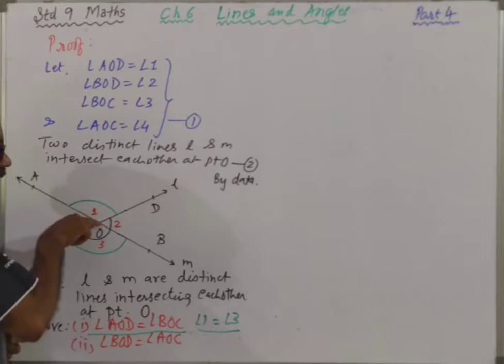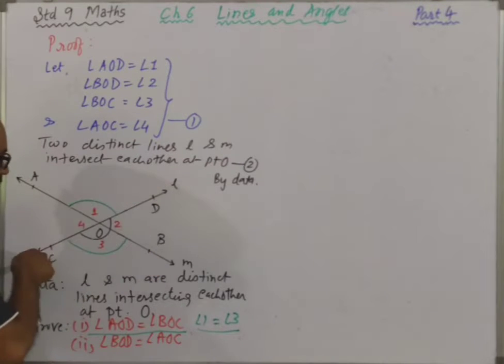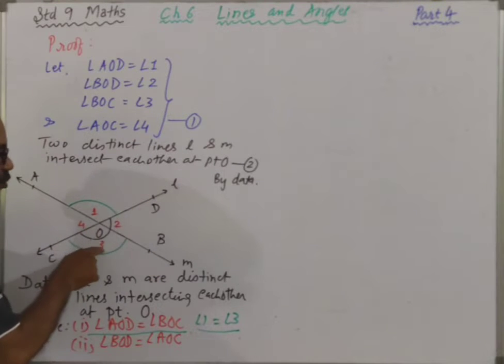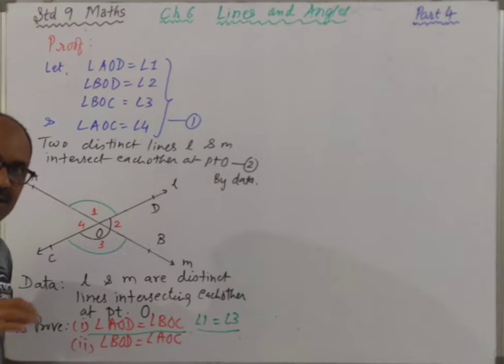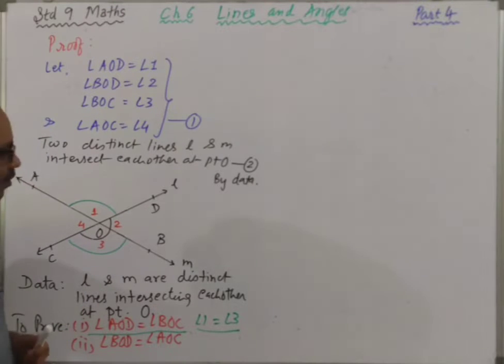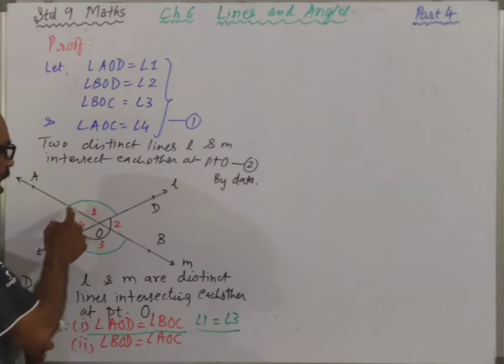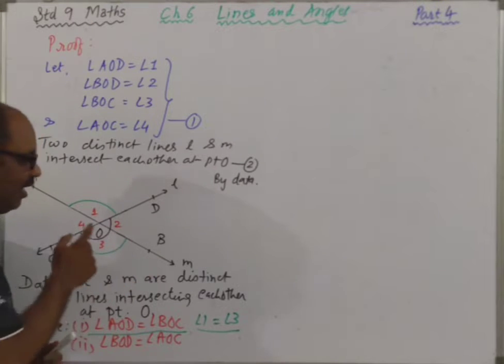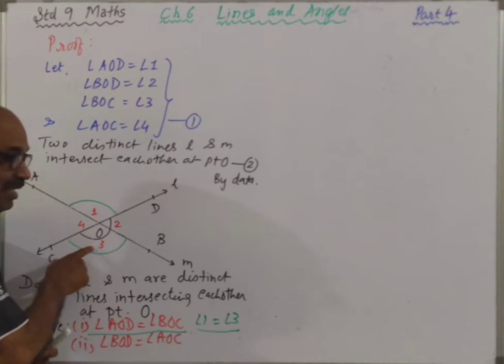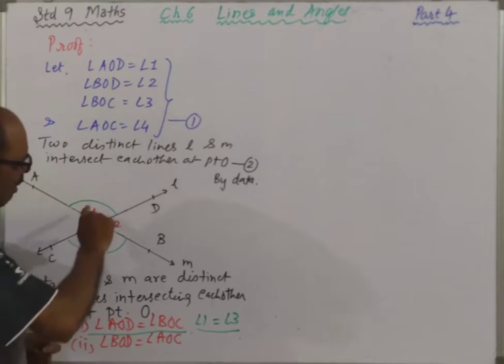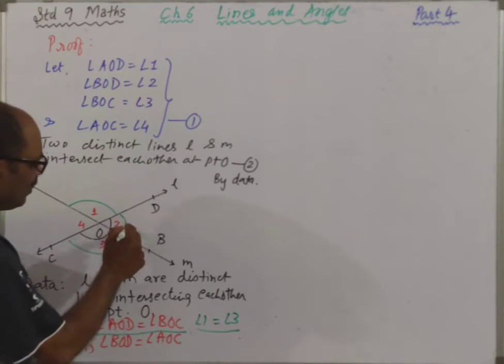Similarly, ray OB stands on line COD. So you can say angle 2 plus angle 3 is equal to 180 by Axiom 6.1. So we get something further. Alright, you can take this also. If you want to take 1, 4 and 3, you can, because 4 forms a linear pair with 1 as well as 4 forms a linear pair with 3. But we will write this in the order 1, 2, 3.